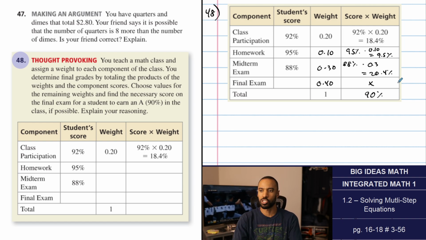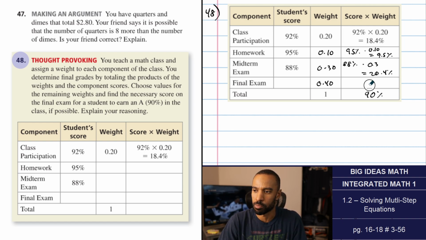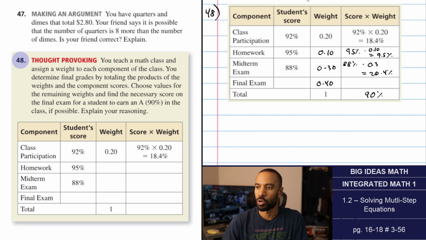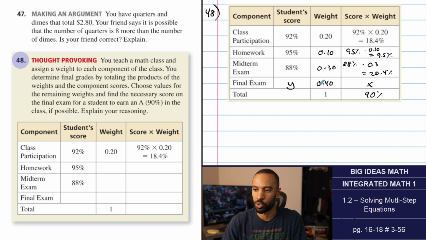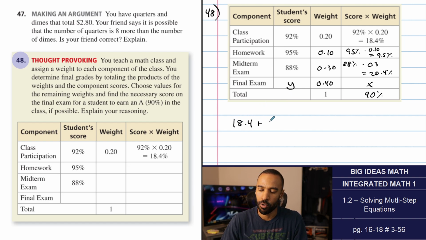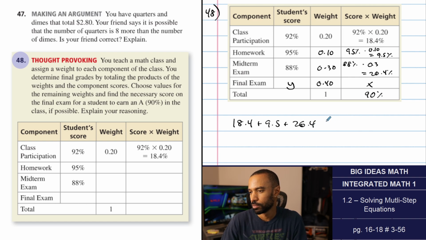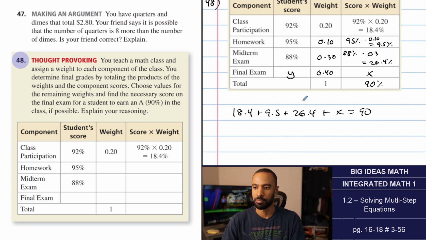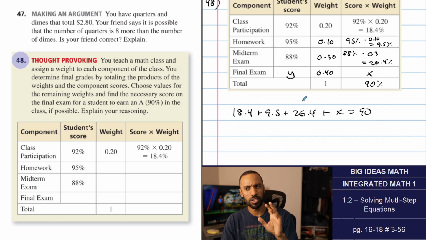So I take it back. This isn't really an unknown. We just got to do some subtraction on this one here. So, okay, well, I take it back. We'll do an X, we'll do a Y. Okay, so our first one is we have 18.4 plus 9.5 plus 26.4 plus X equals 90. We need to add up to 90%. This is kind of the way I'd do this, but kind of not.